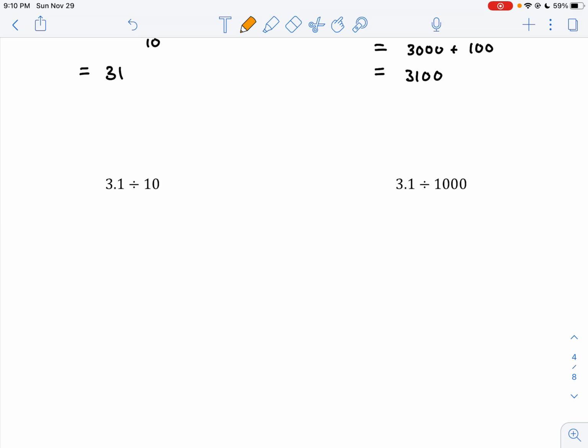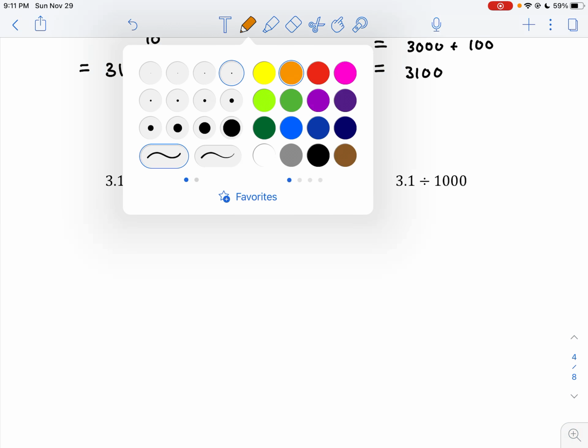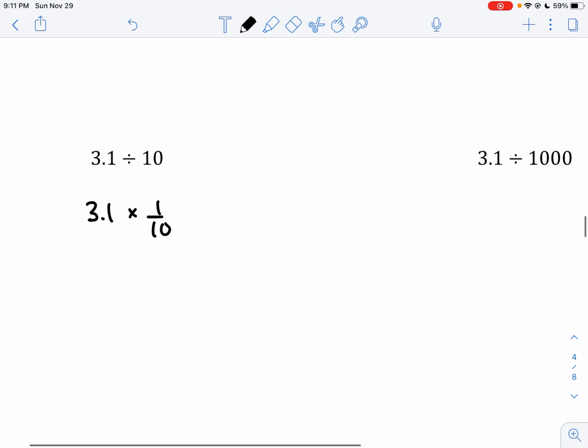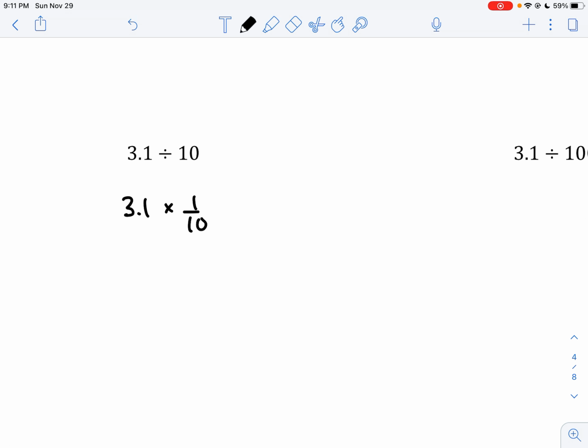Now when you divide by powers of 10, using the algorithms for division, dividing by 10 means you're going to multiply instead by 1/10, right? You do the invert and multiply algorithm.